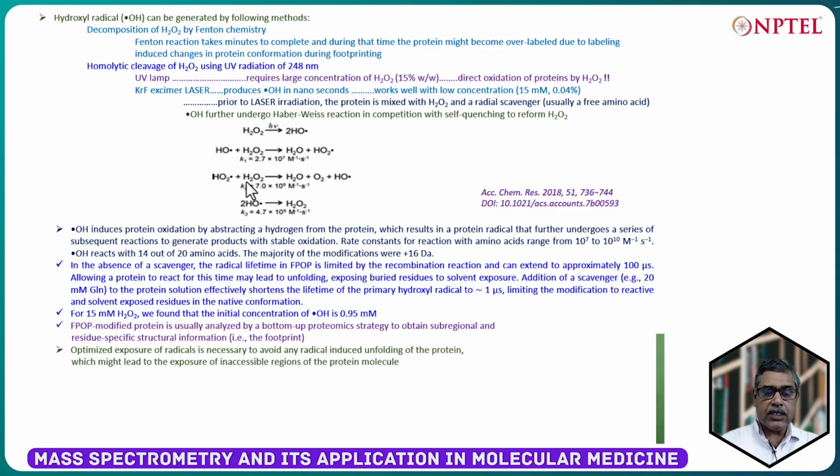Now, OH dot induces protein oxidation by abstracting a hydrogen atom from protein, which results in the formation of protein radical, that further undergoes a series of subsequent reactions. As we know, once a radical is formed, it goes through chain reactions to generate products with a stable oxidation.